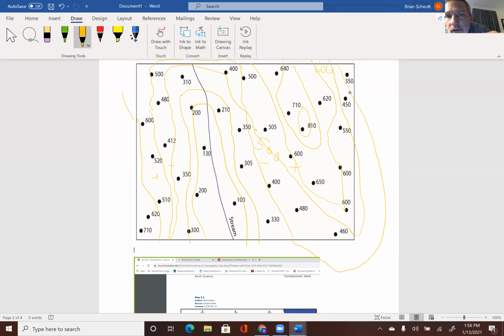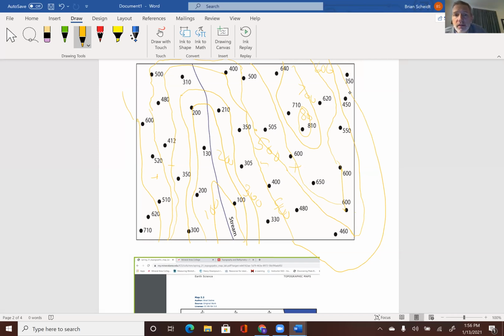Let me label these. 800, 700. 600 is labeled. 500 is labeled. 400 needs to be labeled. 300. 200. And my final contour line is my 100-foot contour line. So now every point on this map is going to be identified.